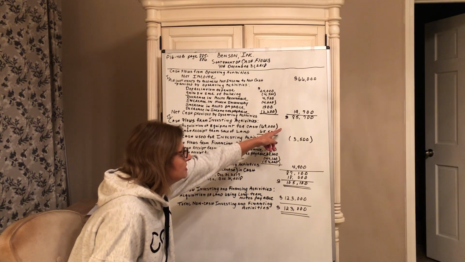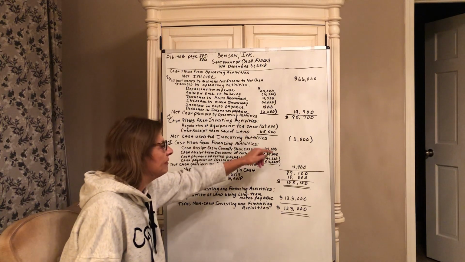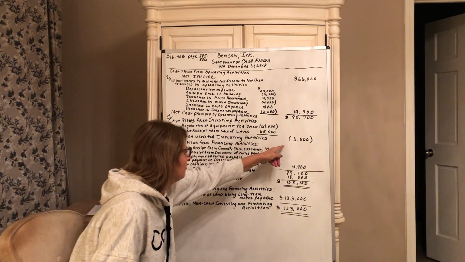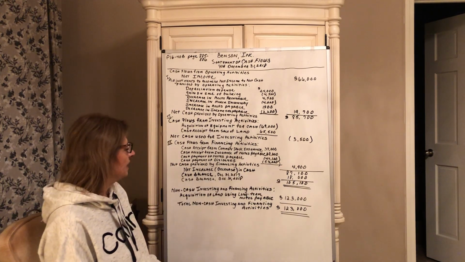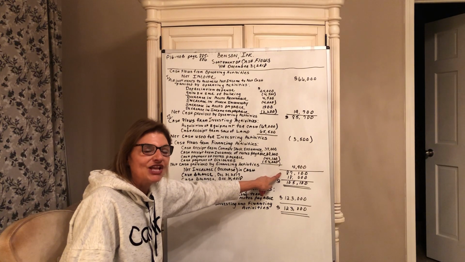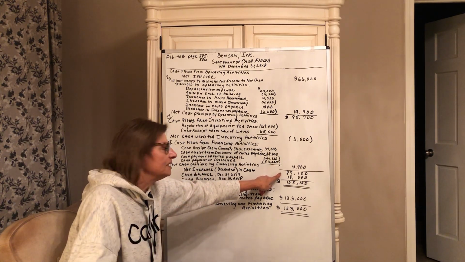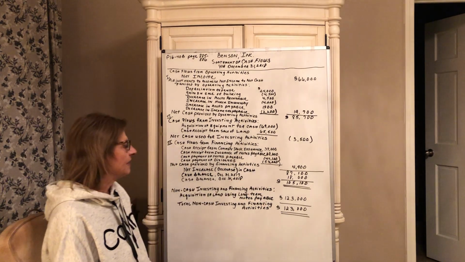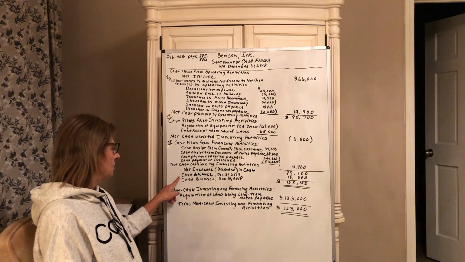The 85,700 from operating, the negative 3,500 from investing, and the positive 4,900 from financing. There's our change in cash. Just like it said in the book. The difference between 2017 and 2018 was 87,100. And to prove it out, this is how you end it.